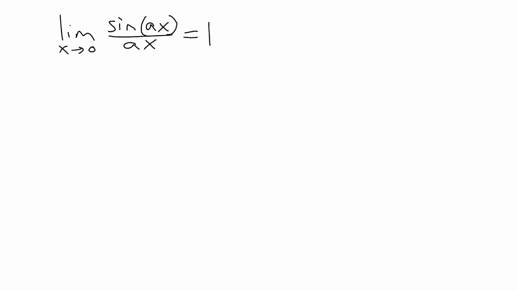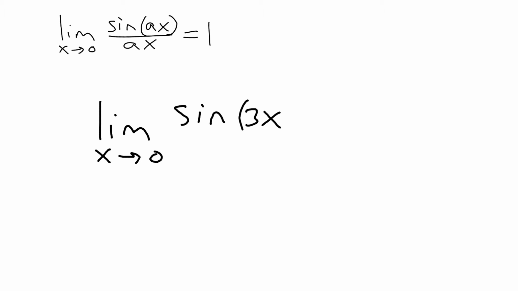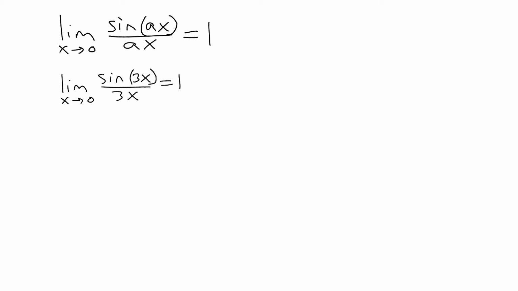So for instance, the limit as x approaches 0 of sine of 3x over 3x is equal to 1. And the reason this is true, the reason we can use the same formula with a, is because basically we're taking the limit as x approaches 0.